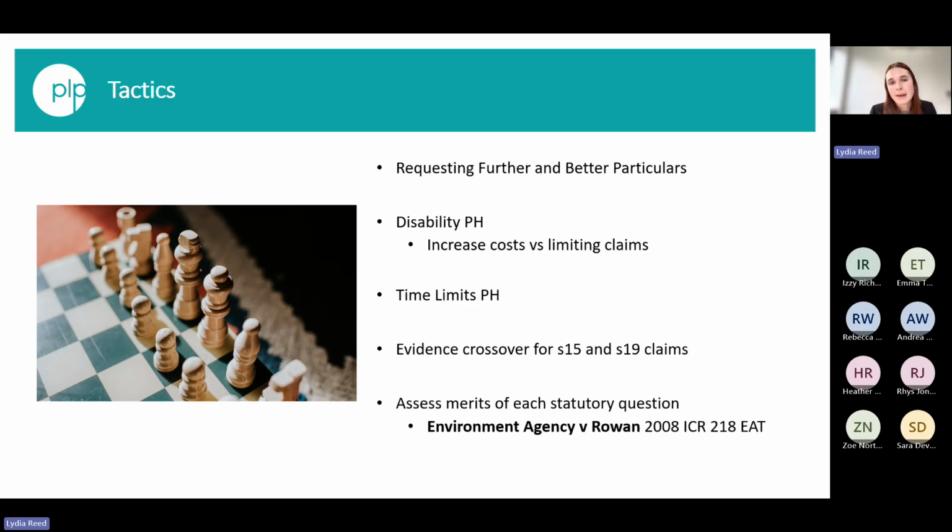But it might be better to let it ride rather than requesting those further and better particulars. For example, you might really need better particulars, and certainly you probably don't want further particulars. So consider how you're framing that request.